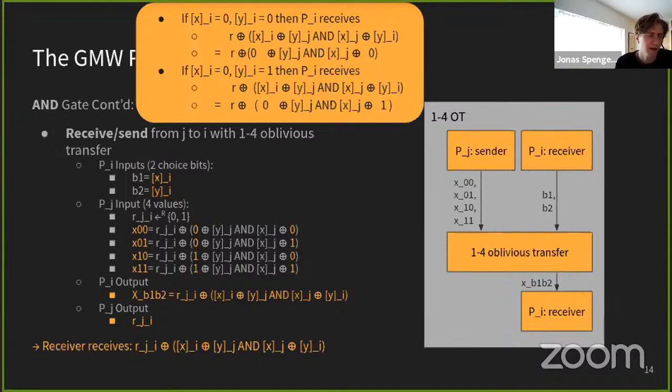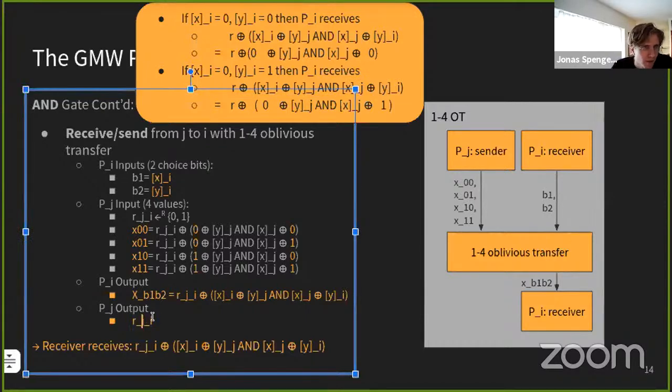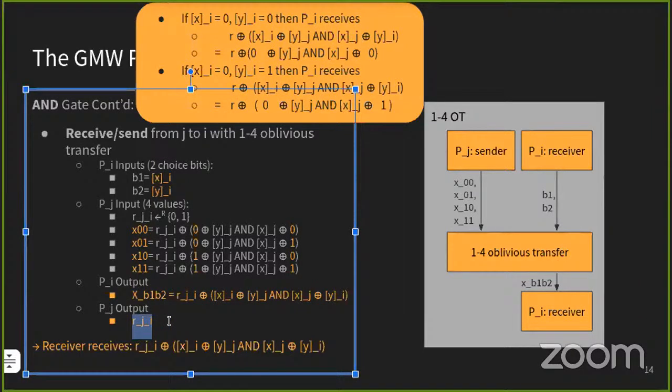Yeah, I'm wondering. I think you could definitely use 1 out of 2. But maybe in that case you're sending 2 values across instead of just sending one value across. And I guess you would also have 2 of these random values you need to keep track of instead of 1. Yeah, I mean, that's possible, definitely.